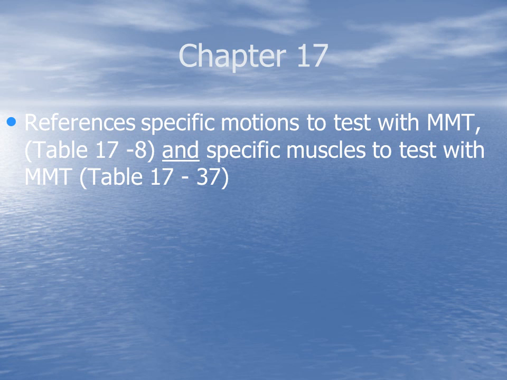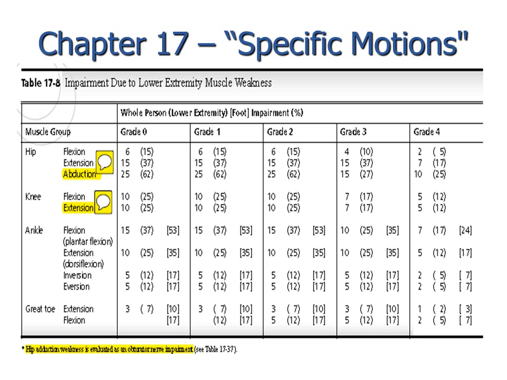Chapter 17 follows a similar pattern. We test specific motions and we grade our findings according to the descriptions in Table 17-8. And we describe, grade and test specific muscles in Table 17-37. For those of you that have your handout materials, I've reprinted Table 17-8 here.